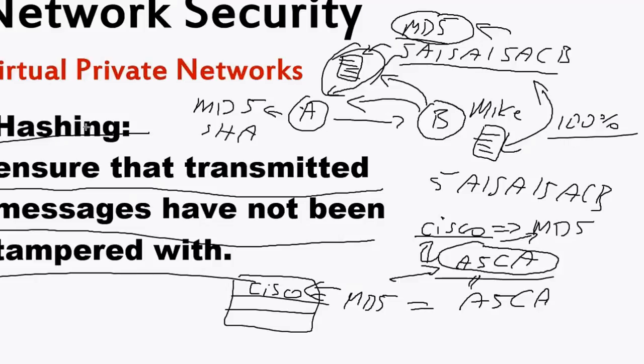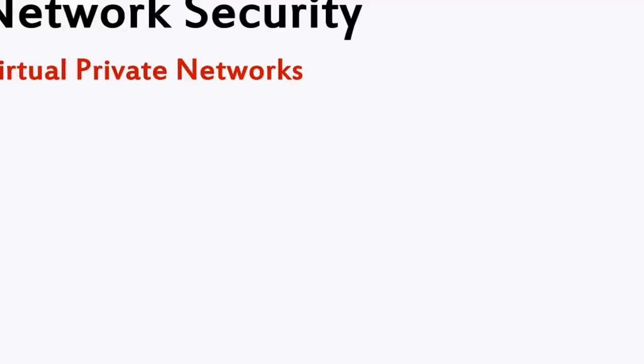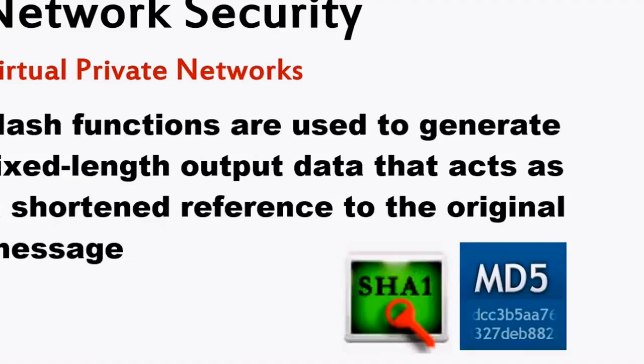And that's not a good thing, as you can imagine. And that is something that happened to MD5. That's not the only problem with MD5. That's why we should not use MD5 if possible. We should use SHA. It is a better option for us to do that.